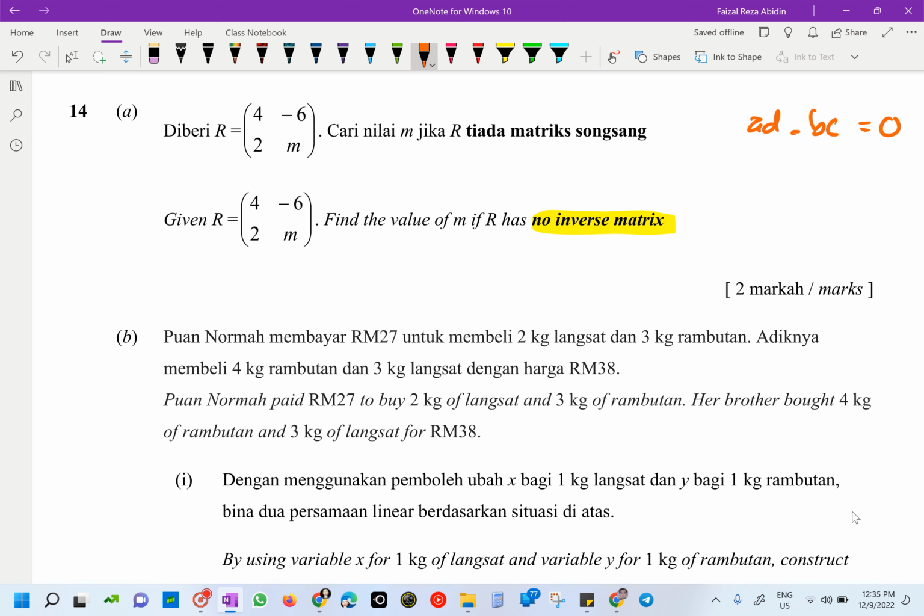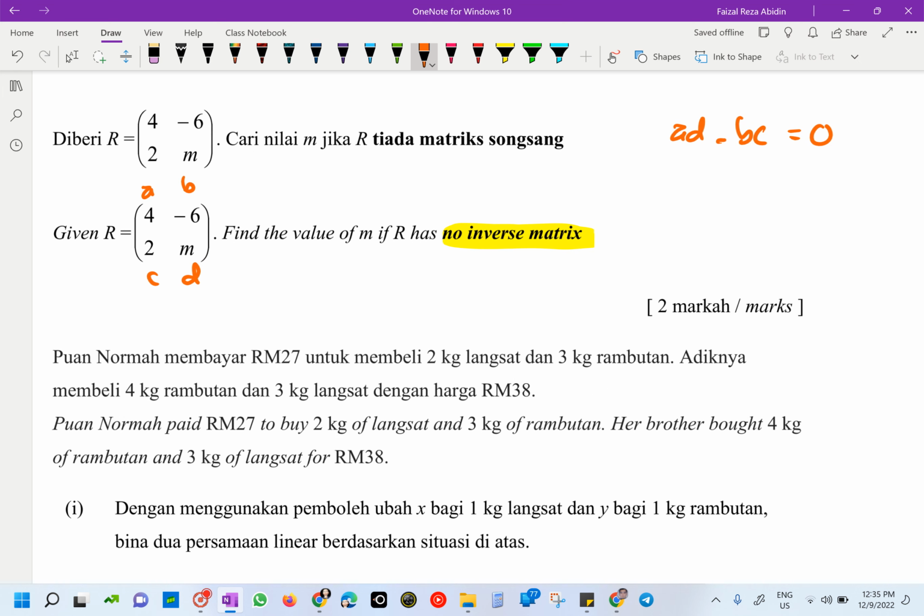Bila dia kata tak ada matrix songsang, means that kita punya AD minus BC is going to be 0. Mana nak dapat ADBC ni? A, B, C, D. So, we are going to substitute: A is going to be 4, D is going to be m, B is negative 6, and C is going to be 2.